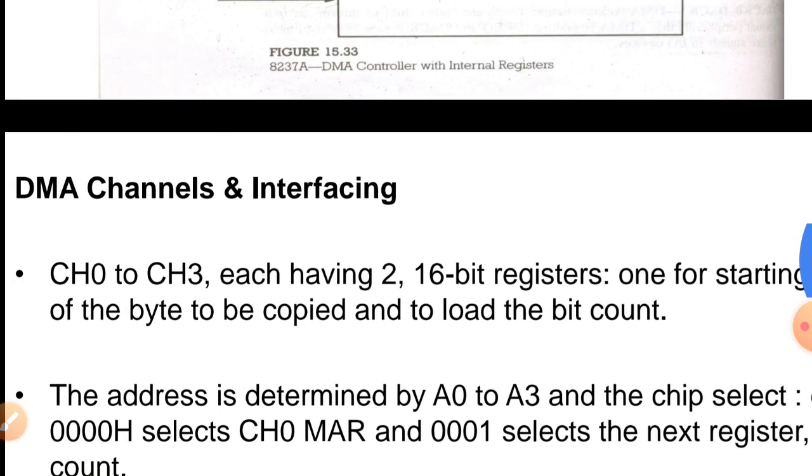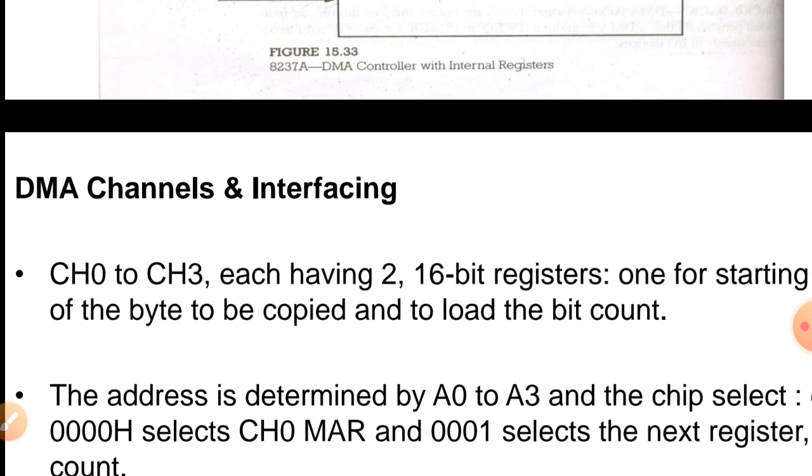First of all, let us discuss the DMA channels and its interfacing. As far as the 8237 is concerned, it has 4 independent channels: channel 0, channel 1, channel 2, and channel 3.